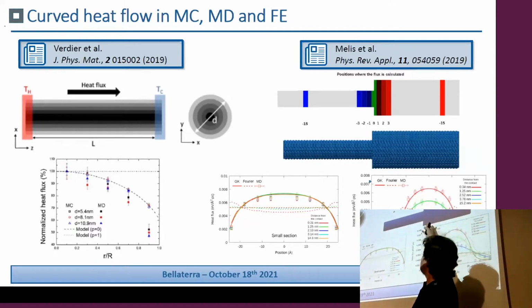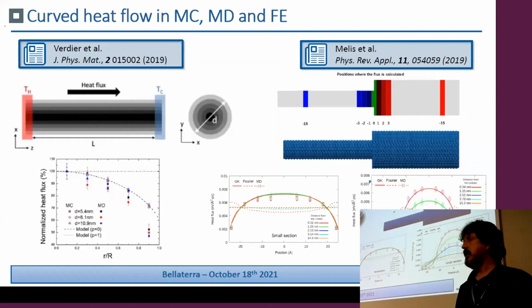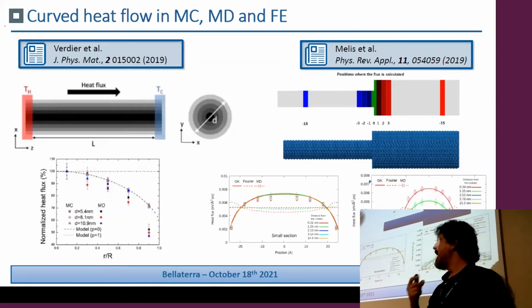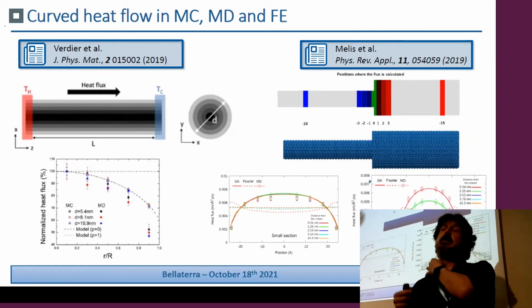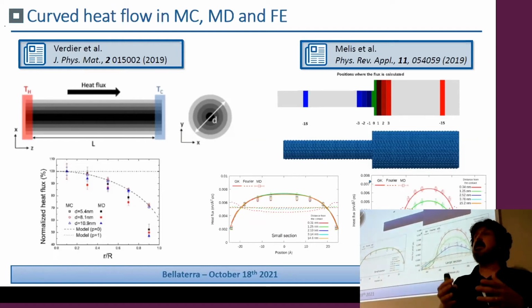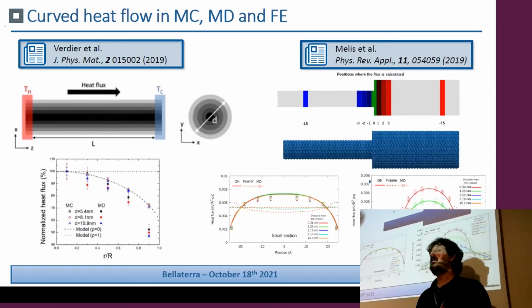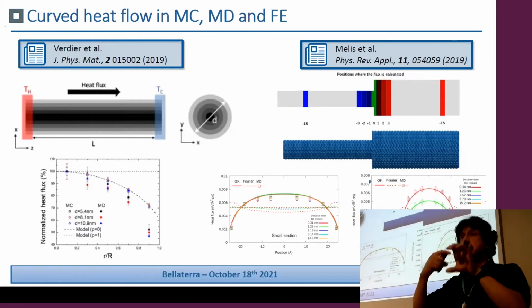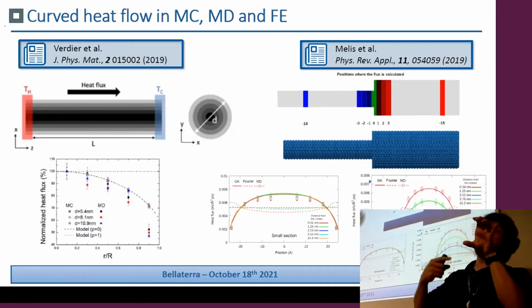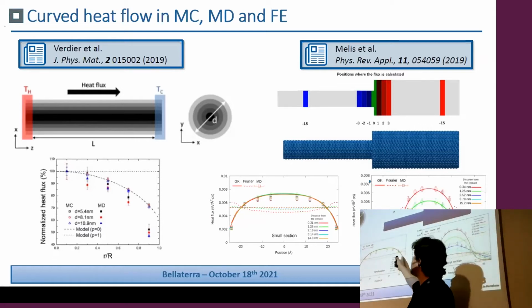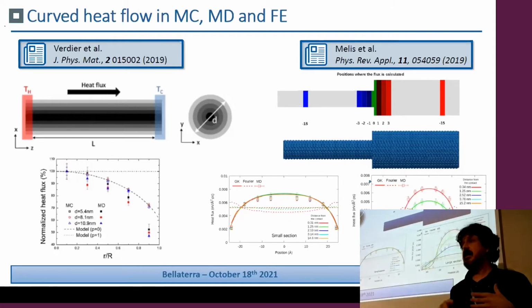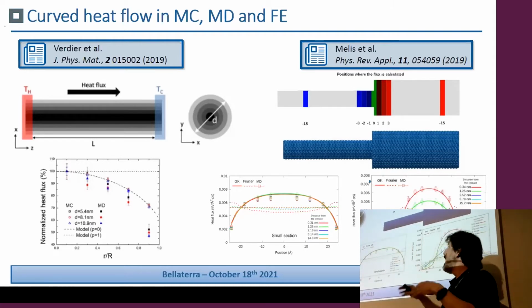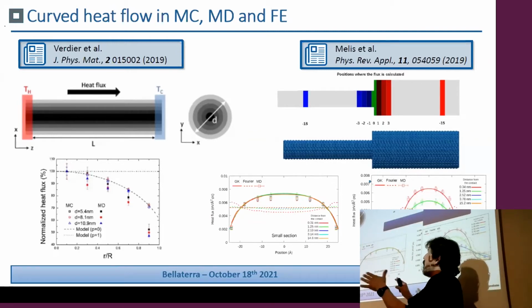We have done work on this in collaboration with Luciano, and Costas did the same work, calculating the heat flux on a wire depending on the distance from the center. We have seen that this kind of profile is shown.